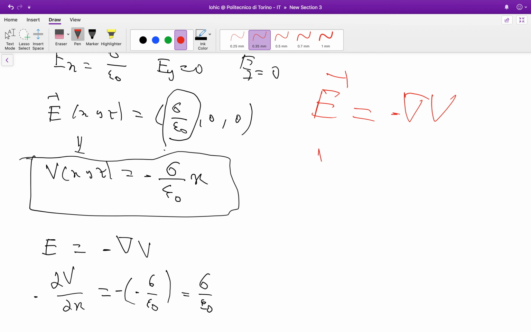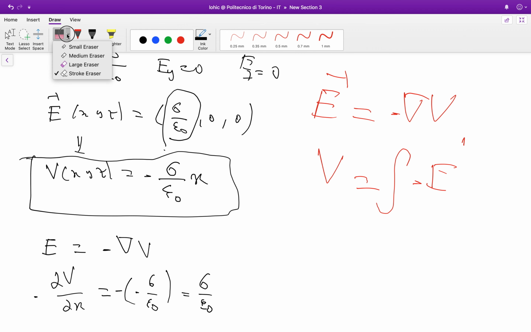And that simply V should be some integral of minus the field. Is that clear? Because you flip, yes or not? Because this means that the field is the derivative of V, so for V there is this minus. Okay, let me just cancel this.